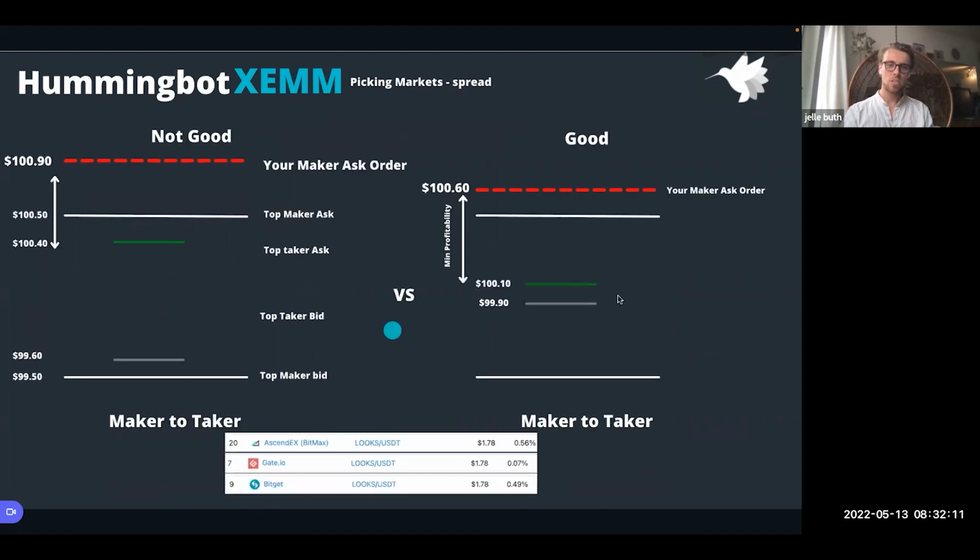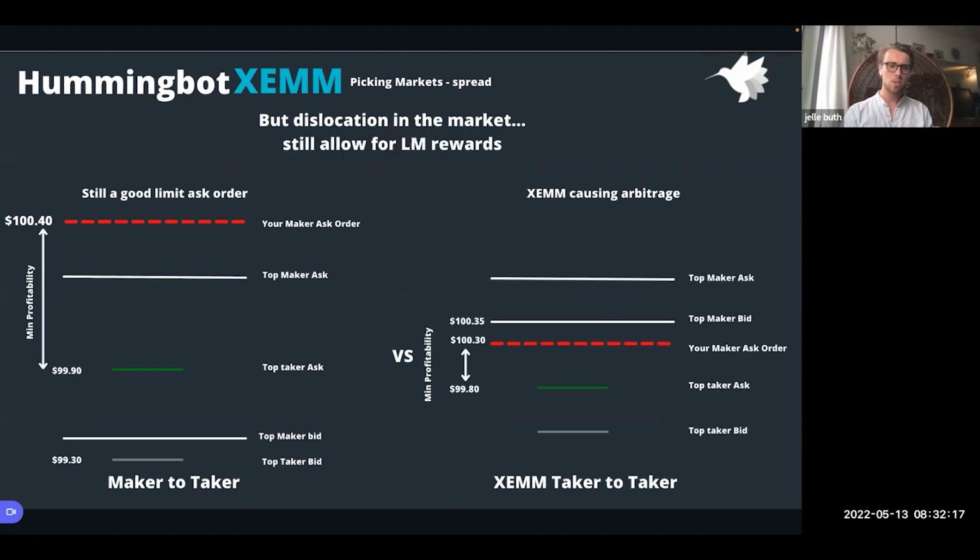Of course, this is a way better situation, which generally allows you to have more profit and generate more liquidity mining rewards. But I would definitely say, if you're starting out, try and experiment with different kinds of pairs and see what it does and how the bot behaves, because sometimes there are pairs that are actually working this way. Because another thing that could happen is, because cross-exchange market making is a mix between pure market making and also an arbitrage strategy, it could still be that there are some dislocations within the market.